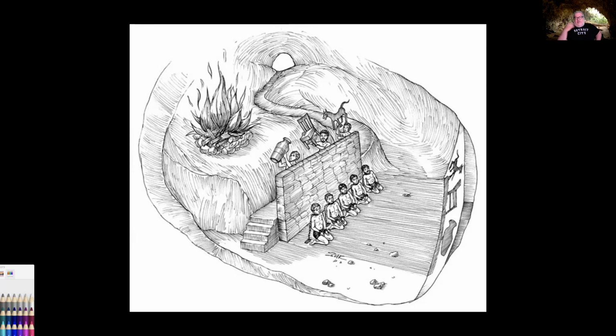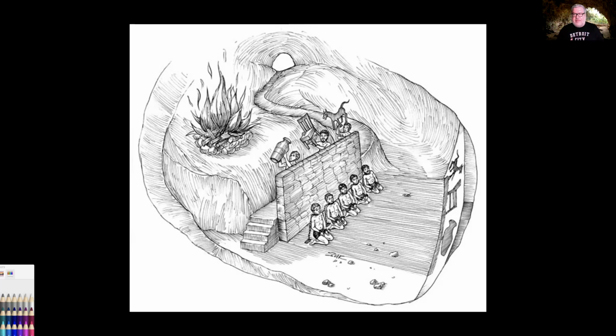Let's just say Frank, the guy sitting over here on the left, decides he's tired of this. And he somehow gets out of his chains and he stands up and he turns around. He looks behind. And from behind, he sees something amazing, a light coming down, something that is a different color than just shadows.